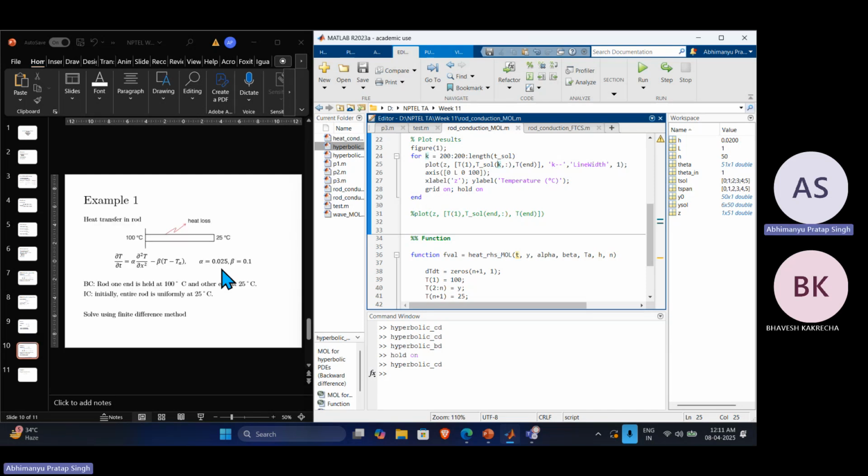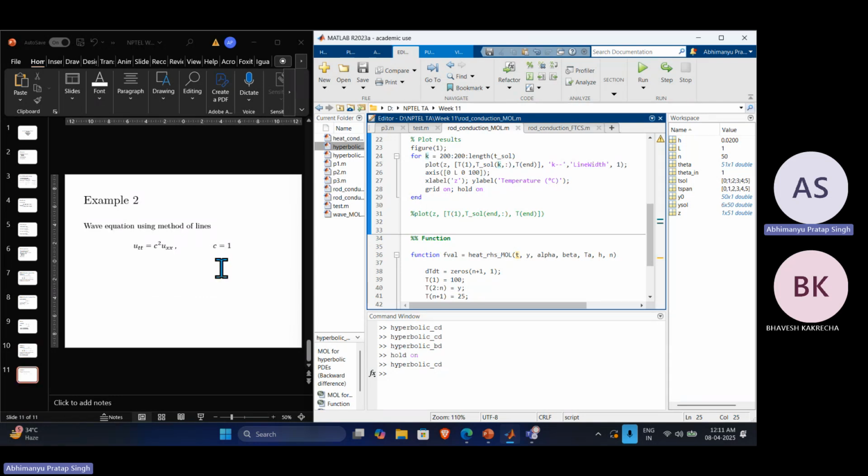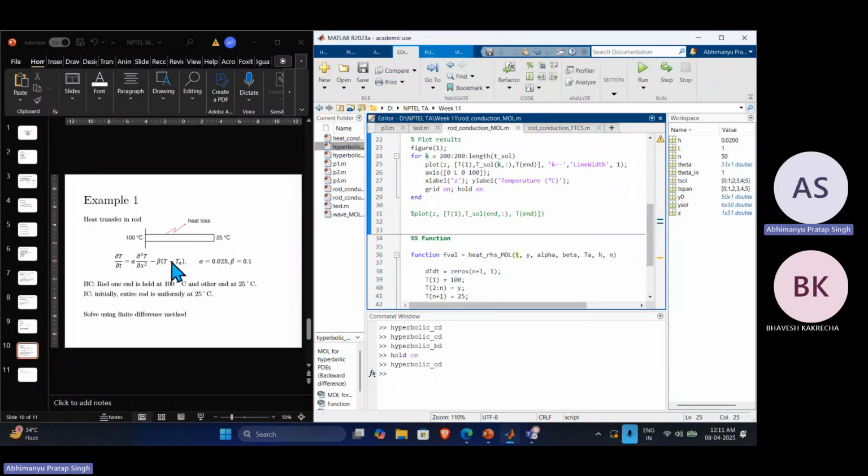This example I've already told, and then we are only left with one more example. So I wanted to discuss this wave equation using method of lines. This is also interesting because it's second order. Until now, whatever equations we saw were first order with respect to time, and only second order in the spatial domain.